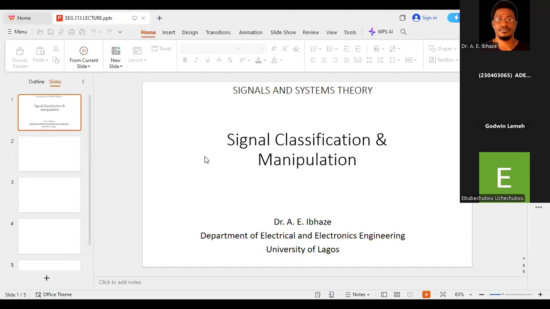So I think that is the direct relationship. Your signals and systems and your electrical fundamentals all contain the body of knowledge to build your foundation in engineering study. Is that fine?